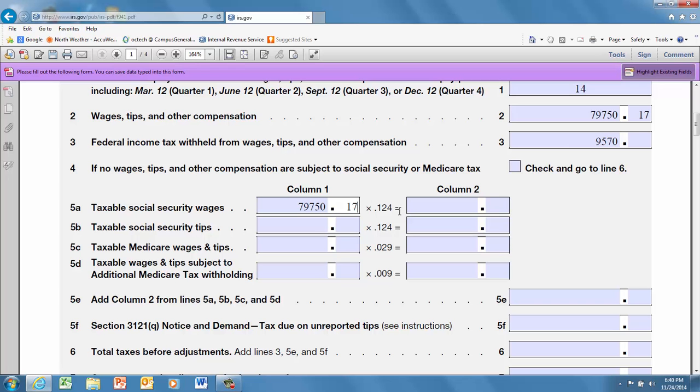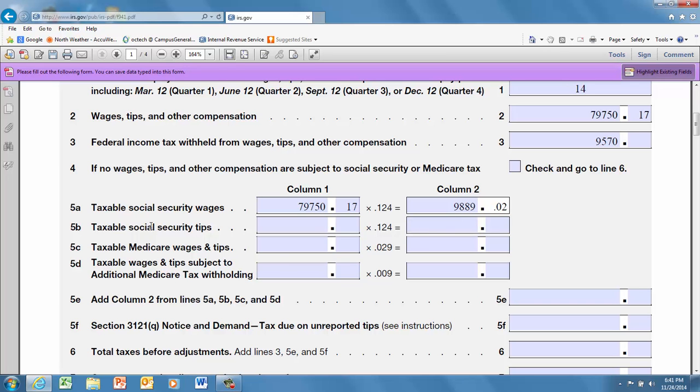So together that's 0.124. So I multiply this times 0.124, and that tells me how much taxes that we should have deposited that relates to Social Security. And so that is 9,889 and 2 cents.